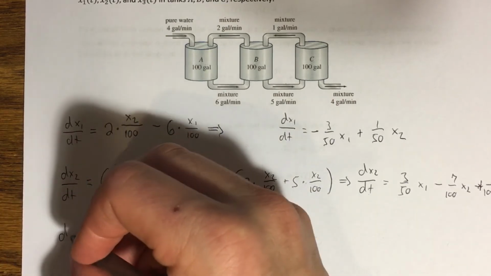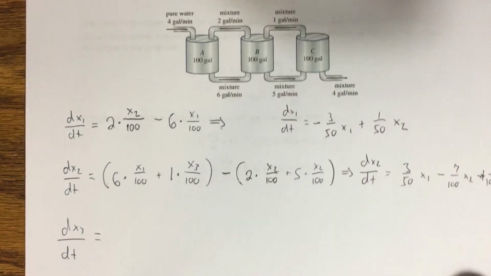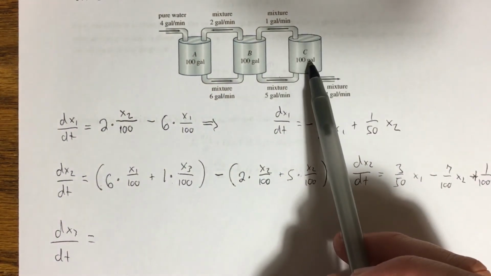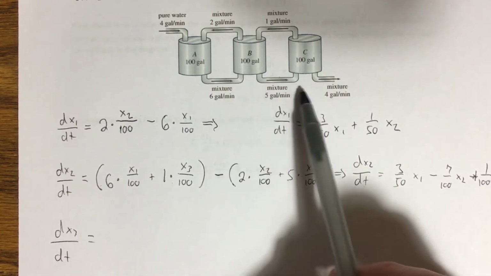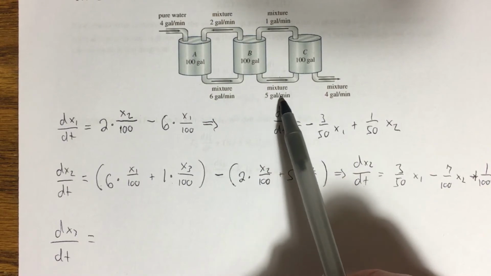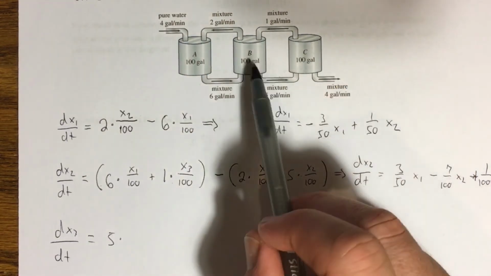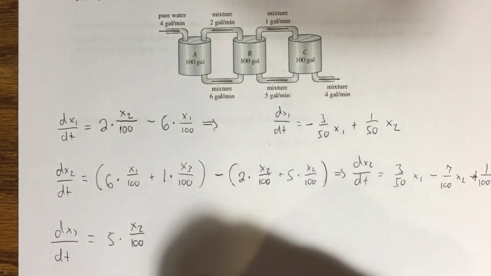Finally, I have dx3/dt. Again, what we're doing is looking at the rate of change in the amount of salt in tank C. So what is the inflow in this case? Well, we only have one inflow. It's right here. That would be 5 gallons per minute times the concentration of salt in tank B, which is x2 over 100.